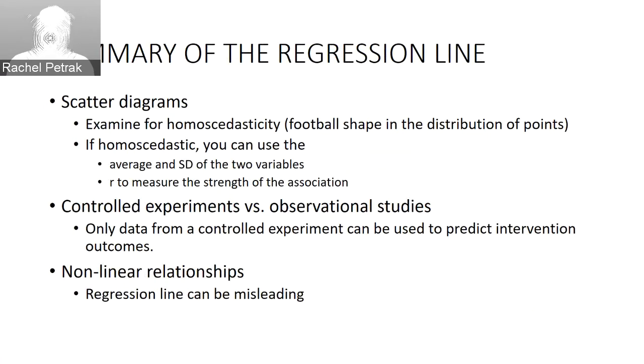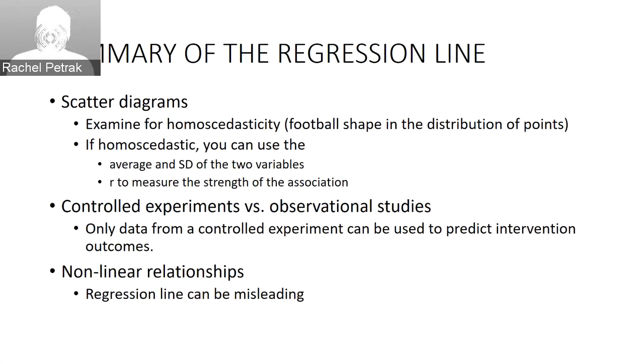That is the average and standard deviation of the two variables and the correlation. Remember, if you don't have homoscedasticity, you might have a nonlinear association or uneven spread, and then you can't use the regression line, and you certainly can't use these descriptive statistics to describe it in the same way. You can't use it to do your predictions.